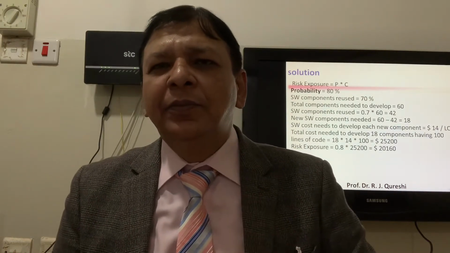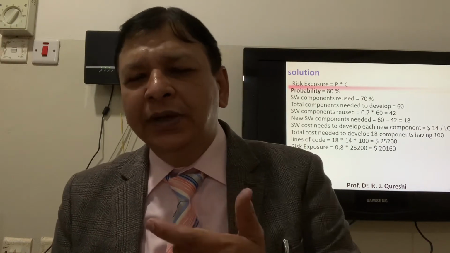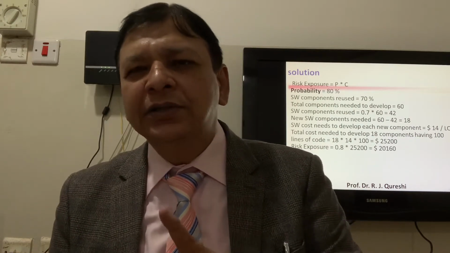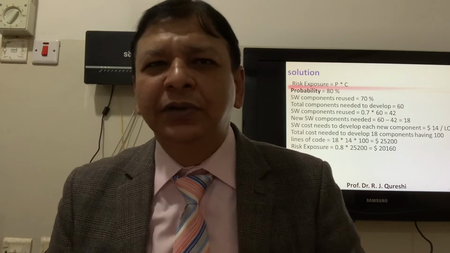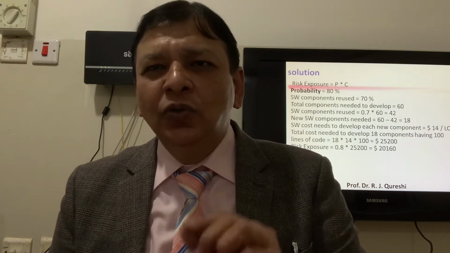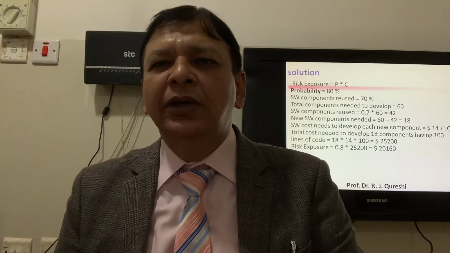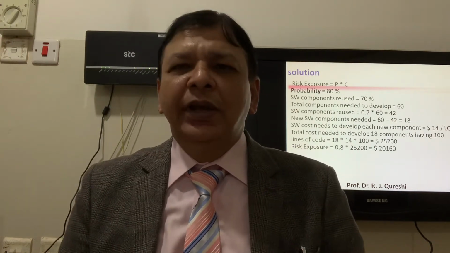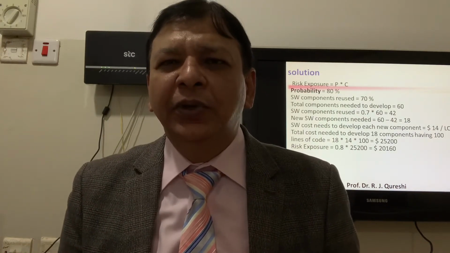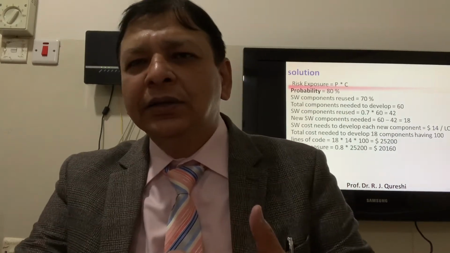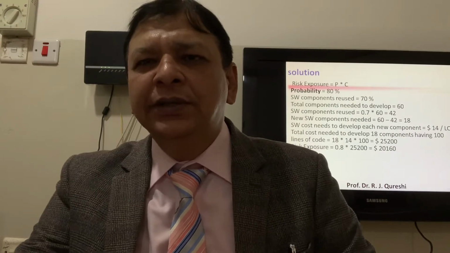The risk exposure, the probability is 80%, 0.8 multiplied by the cost impact 25200. That means $20160 will be the cost if these 18 new components will fail. So in this way we will calculate the risk exposure for all possible risks. These are the planning phase techniques.